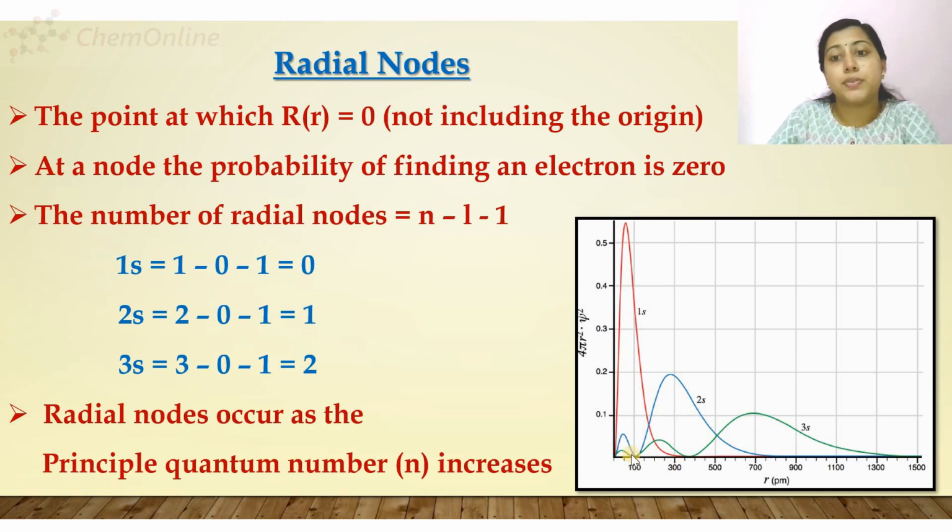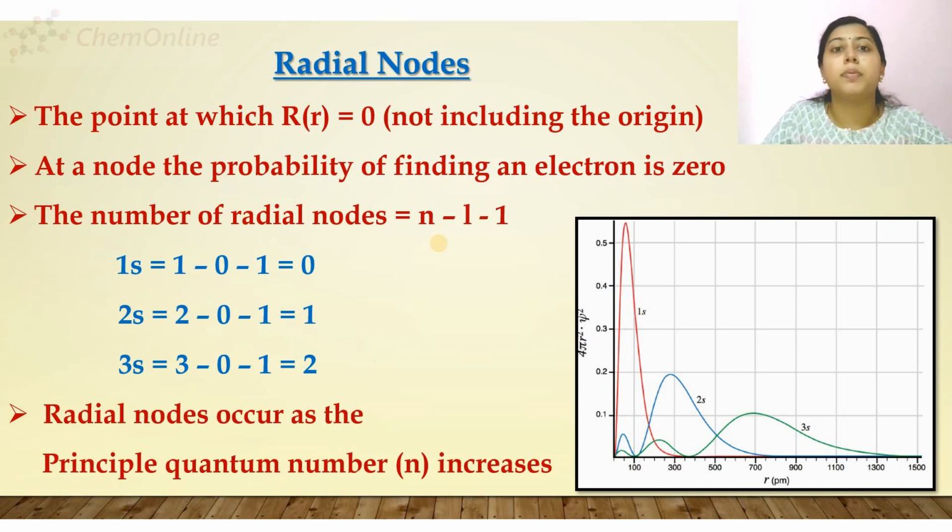So these troughs or minima in the curves are called radial nodes. At a node, the probability of finding an electron is 0. And the number of radial nodes is given as n minus L minus 1, where n is the principal quantum number and L is the azimuthal quantum number.